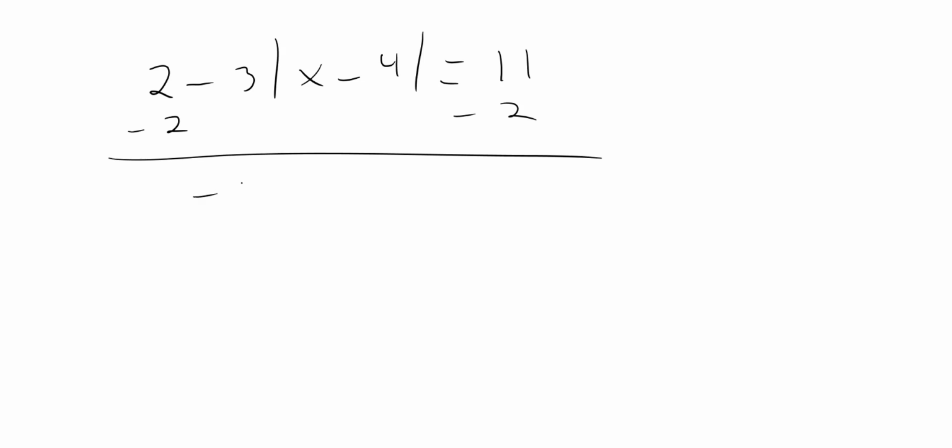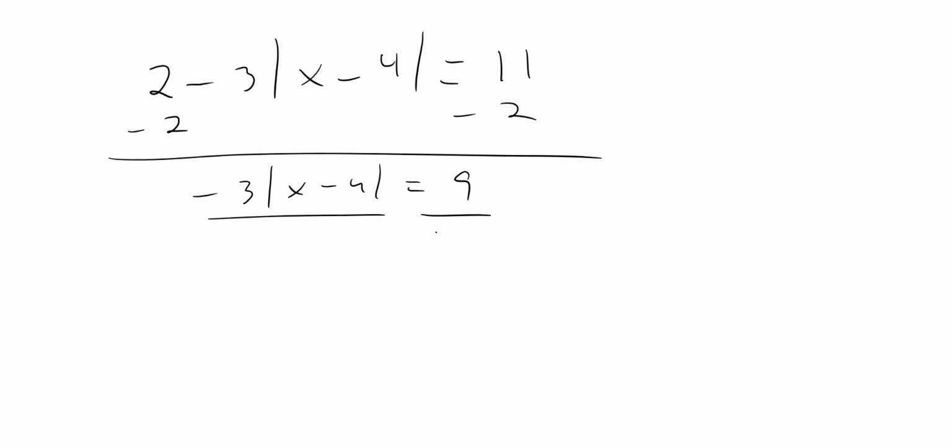Okay, so a couple more here. 2 minus 3 absolute value of x minus 4 is equal to 11. All right, that's cool. So first thing I'm going to do, remember, please don't say 2 minus 3, that's really, really bad. And subtract 2. So I get negative 3 absolute value of x minus 4 is equal to 9.